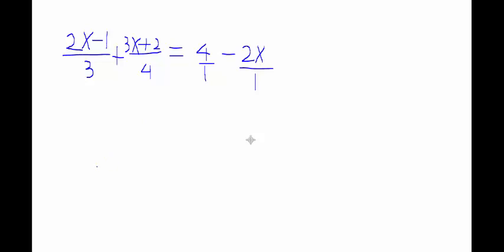Next thing we're going to do is give every factor a hat. Here is a hat for this factor, here's a hat for this, a hat for this, and a hat for this.